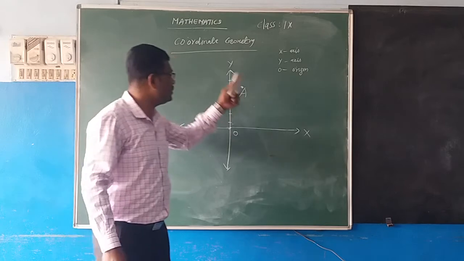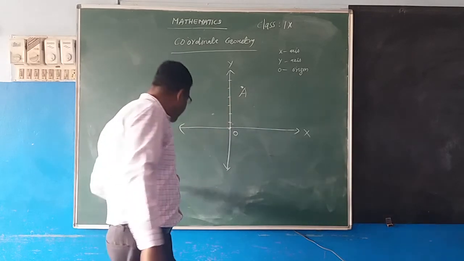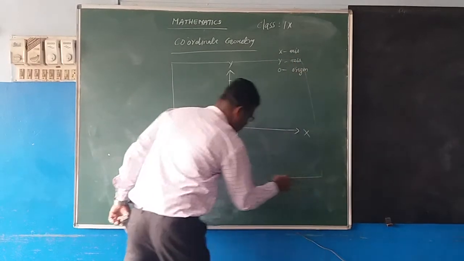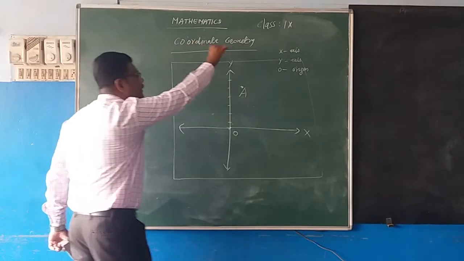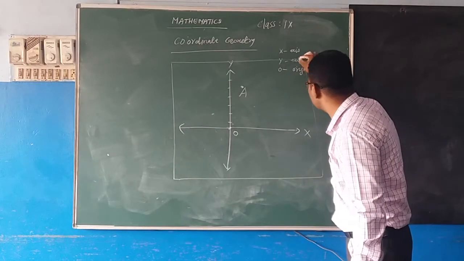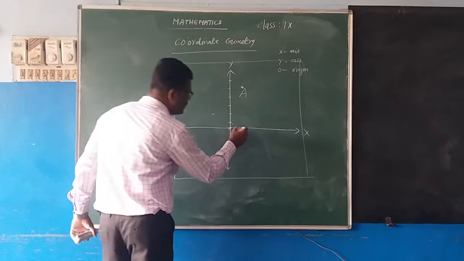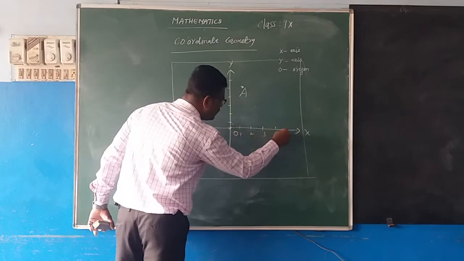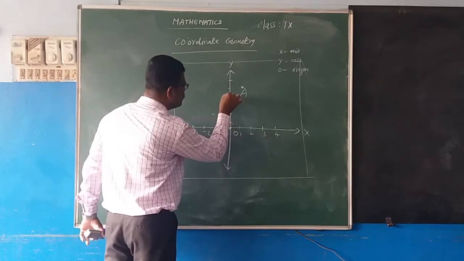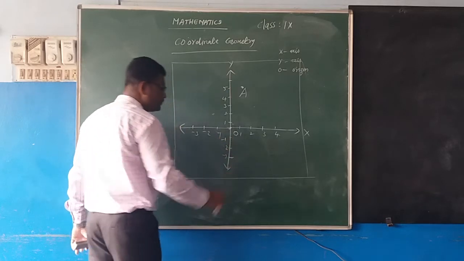In a plane, it is difficult to locate this point. In a coordinate plane, nothing but your graph sheet, easily we can locate this point. Suppose this is 1, 2, 3, 4, minus 1, minus 2, minus 3, and on the other axis 1, 2, 3, 4, 5, minus 1, minus 2, minus 3, minus 4.